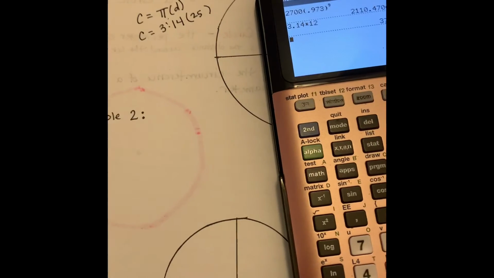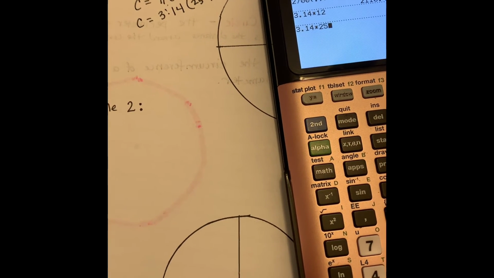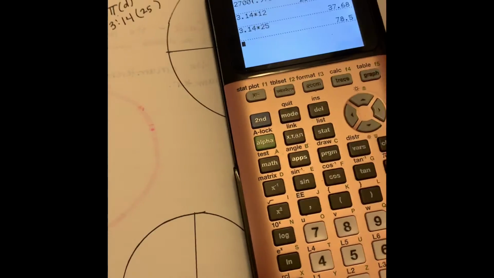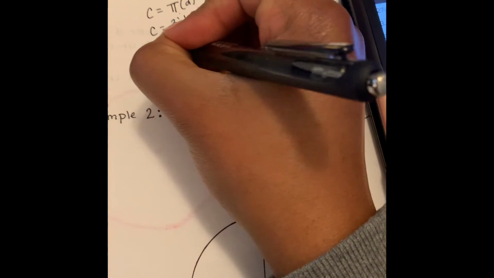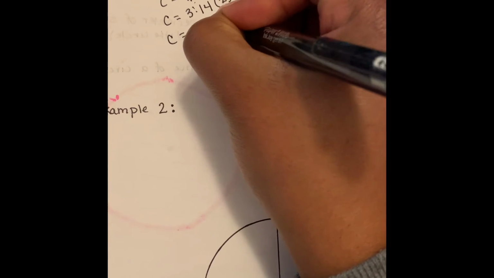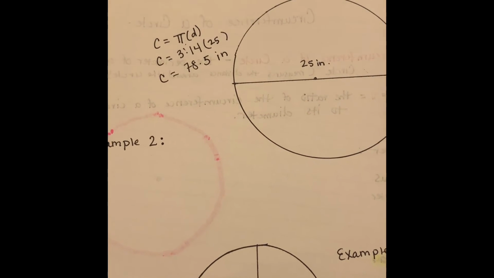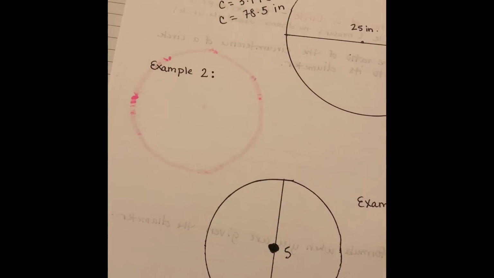If I do my calculator, 3.14 times 25 is equal to 78.5. So C is equal to 78.5 inches. The circumference of this circle is 78.5 inches.